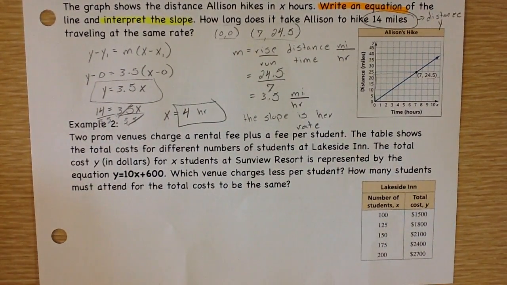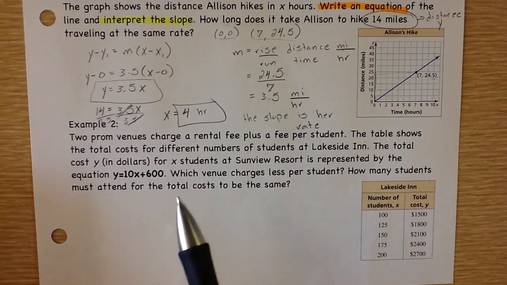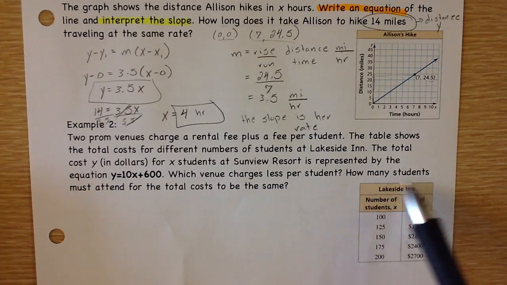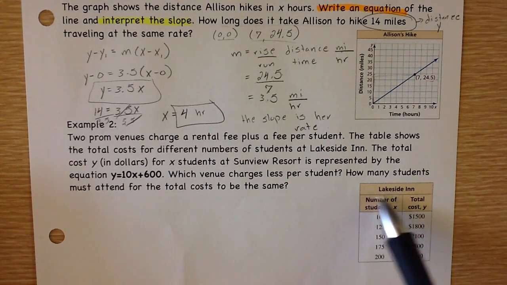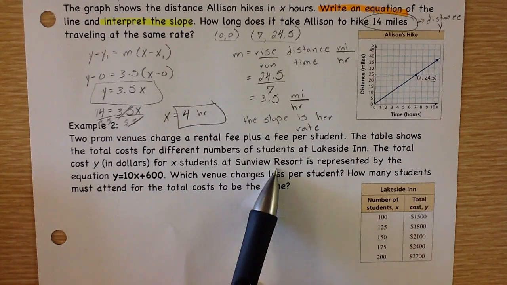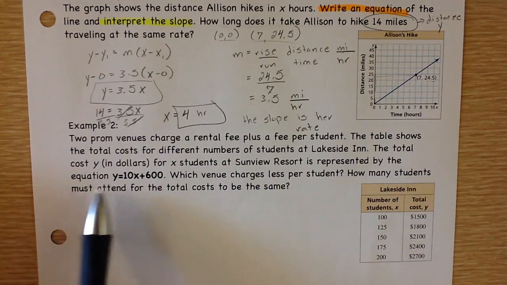All right, 2 prom venues charge a rental fee plus a fee per student. The table shows the total costs for different numbers of students at Lakeside Inn. So the table here is for a hotel called Lakeside Inn. The total cost Y in dollars for X students at Sunview Resort is represented by this equation.